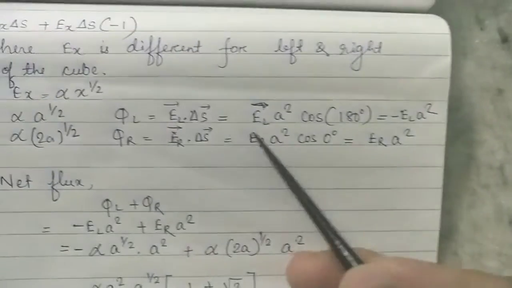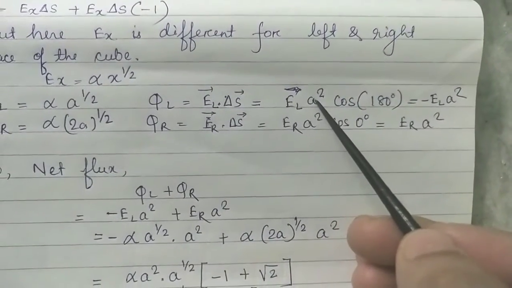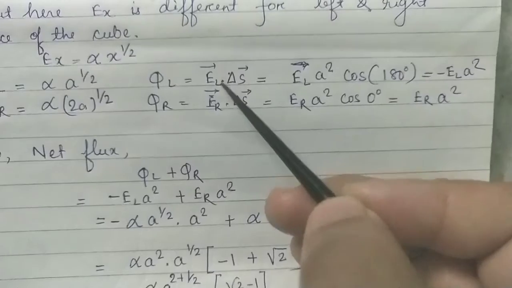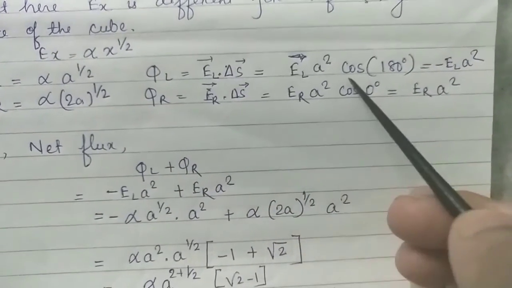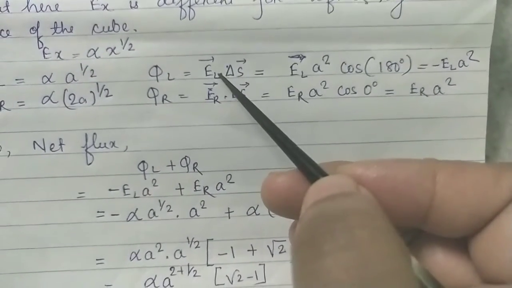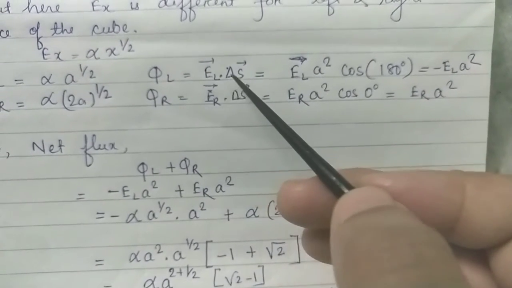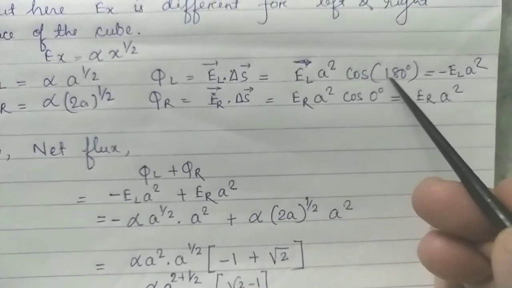Put it here: E left times a square. What is a square? A square is the surface area. This is E L, del S area a square, dot, okay, the angle between the E electric field and the area vector, that is cos 180.